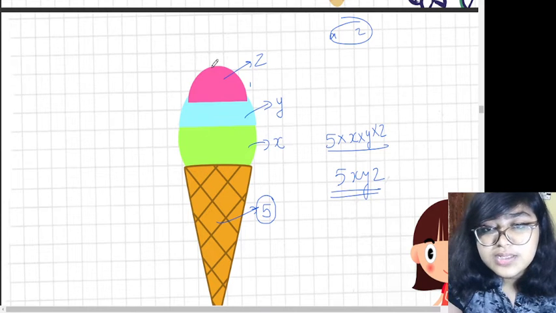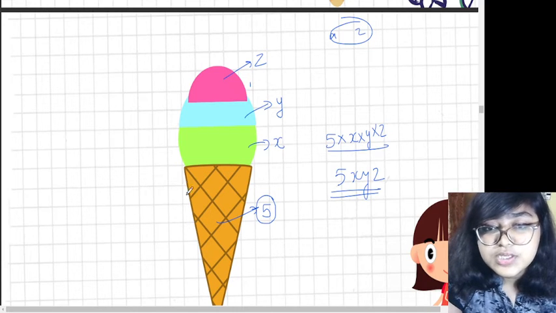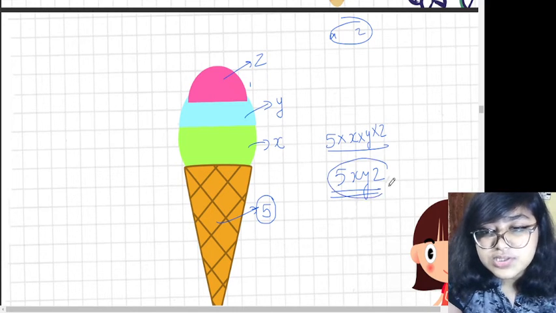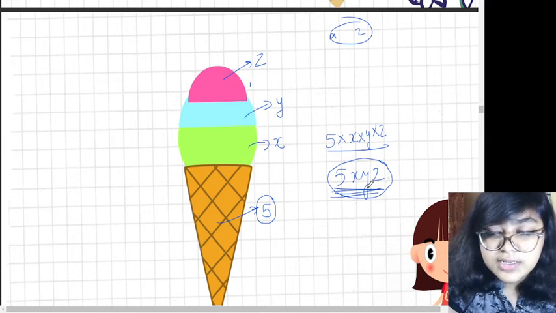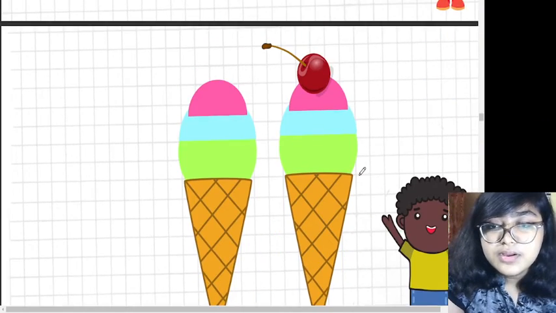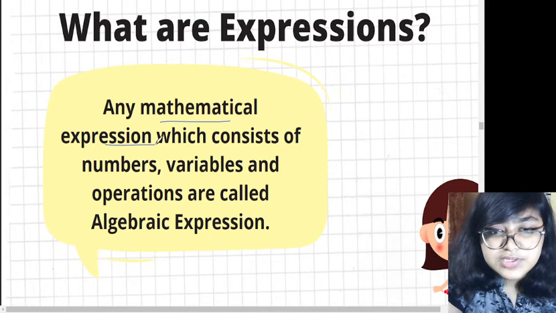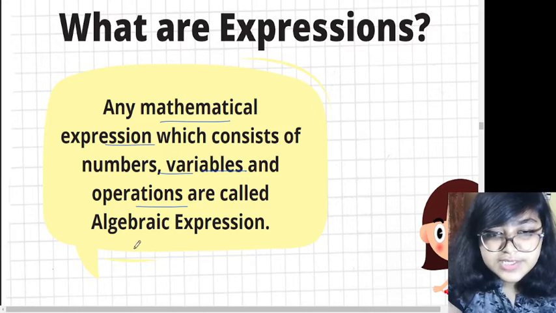Now all the parts that we add together to form an expression are called terms. So this is an expression, and 5xyz is a term. So what are expressions? Any mathematical expressions which consist of numbers, variables, and operations are called algebraic expressions.